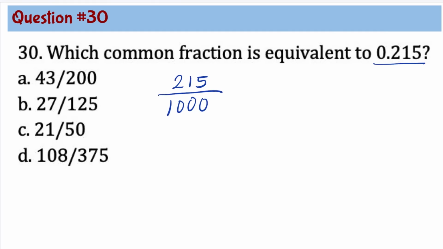Since both numerator and denominator end with a 5 and 0, we know that this can be divisible by 5. So this is now 43 when you divide it, and 1,000 divided by 5 is 200. And here we go. The answer is letter A.